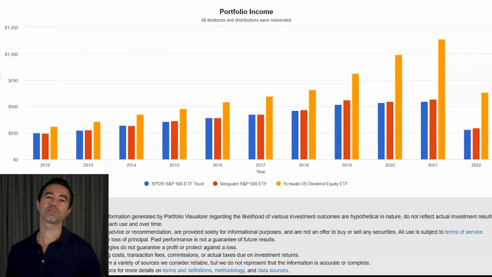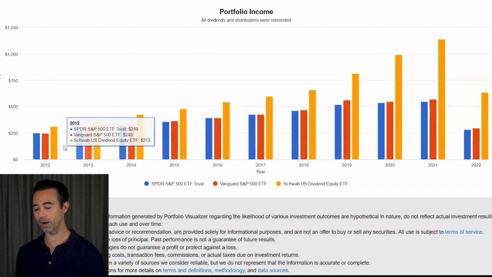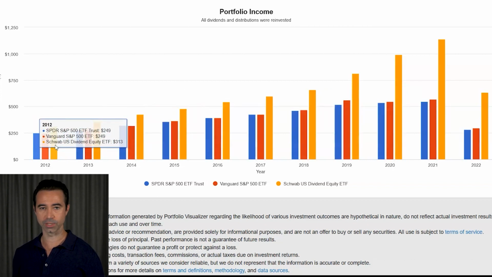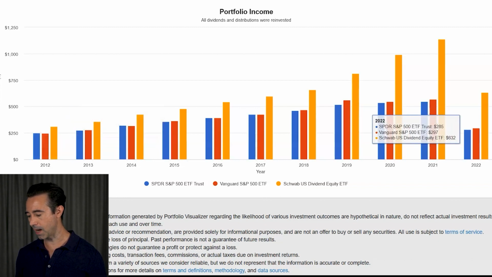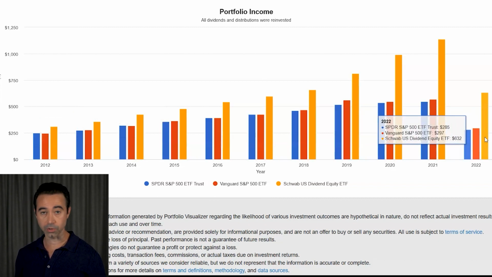And of course, we have portfolio income, and if you're an income investor and you want those distributions, you're going to really want to watch this part, because you have so much more in distributions and yield from this than you do from SPY or VOO. As you can see here, in 2022 so far, you've had $632 in distributions, whereas the other two only have just under $300, right?